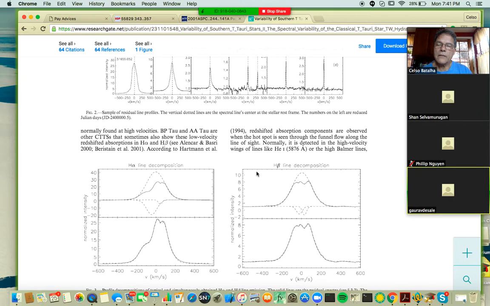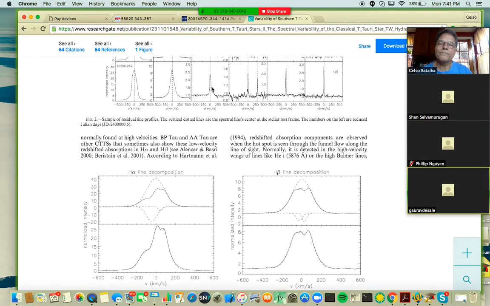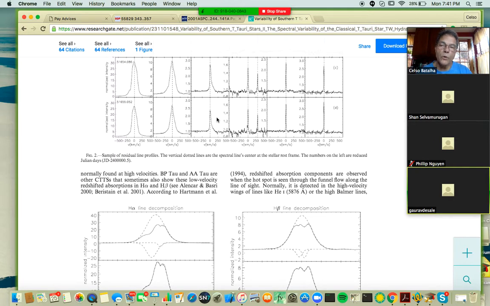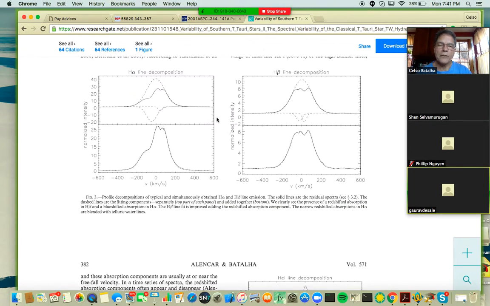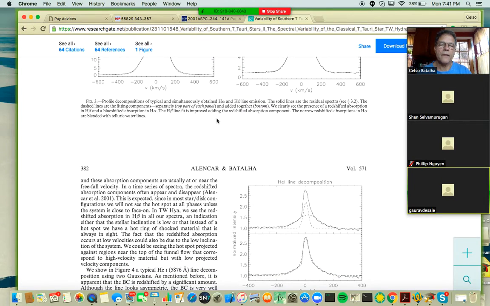It's not tedious work, but you have to do a lot of analysis in several lines and do matrix correlations and decompose the line profile like we did here.